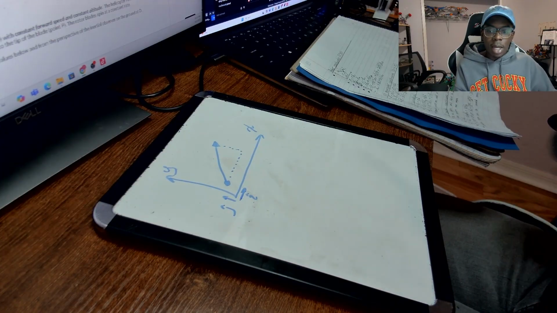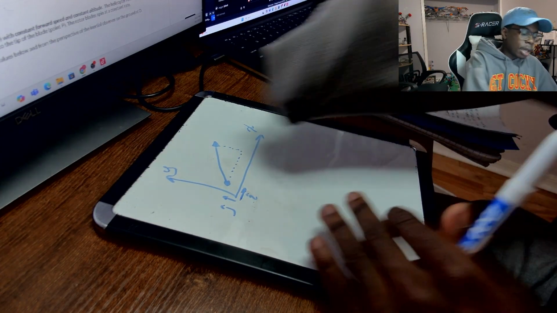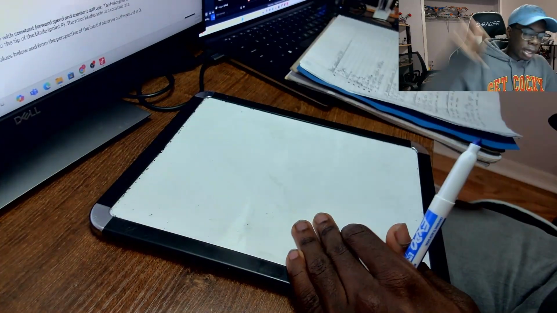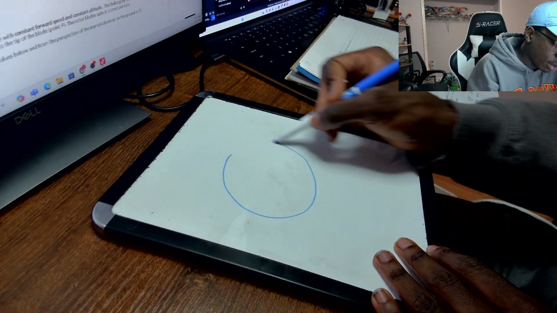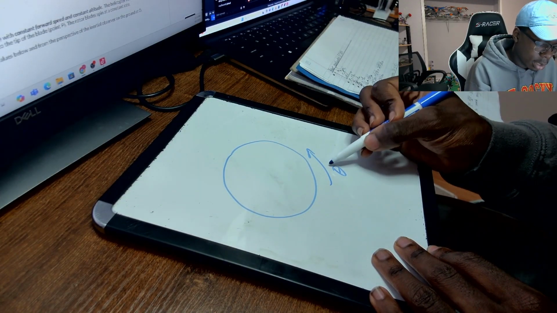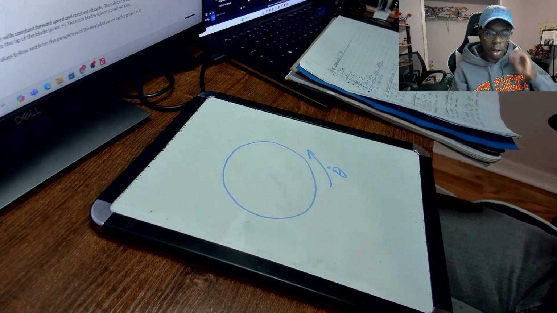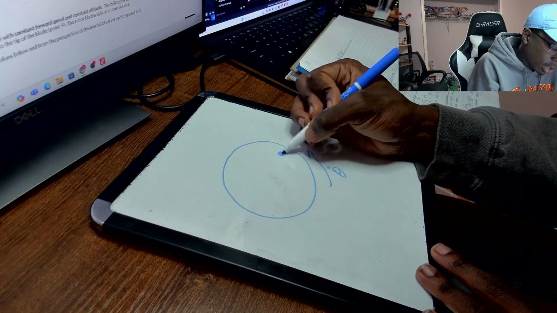And so sometimes it's easier to set up one vector system over another. If you have a disc or a merry-go-round, for instance, let's say we have a merry-go-round that's spinning with some angular velocity, and we have a person sitting on the edge of it.